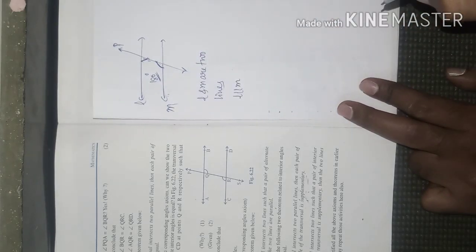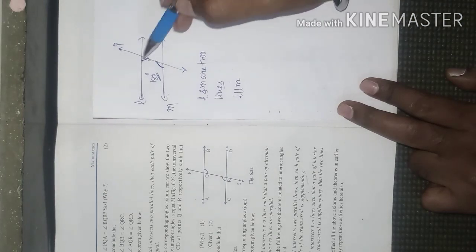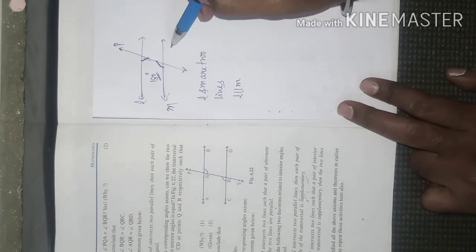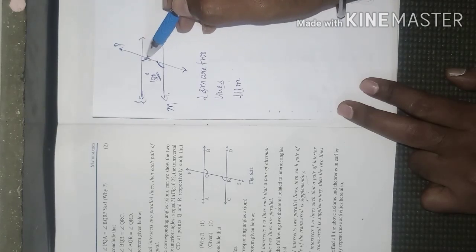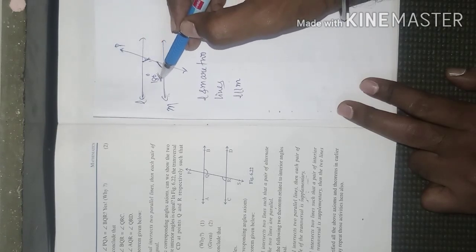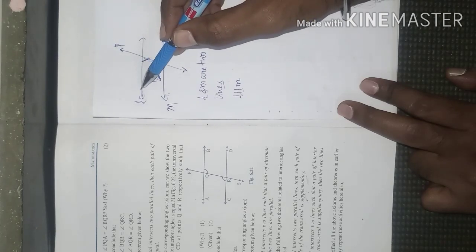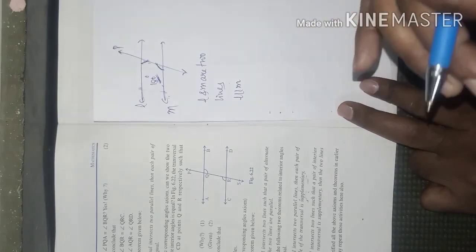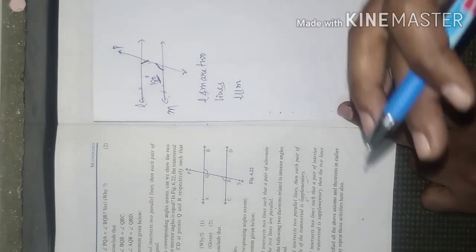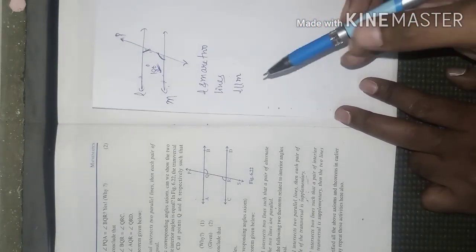If a transversal intersects two lines, then the sum of the two adjacent angles formed on the same side of the transversal is equal to 180 degrees, then the two lines are parallel to each other. See, understand the concept, frame your own sentence to state the theorem.